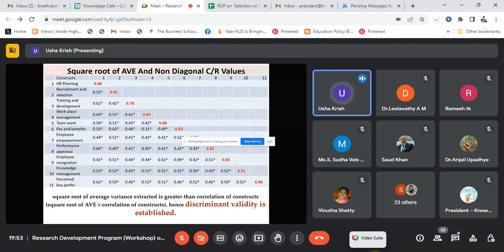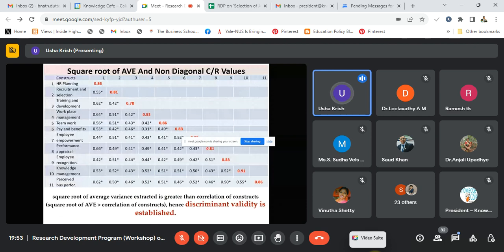According to Fornell and Larcker, the square root of AVE values should be more than the correlation values.